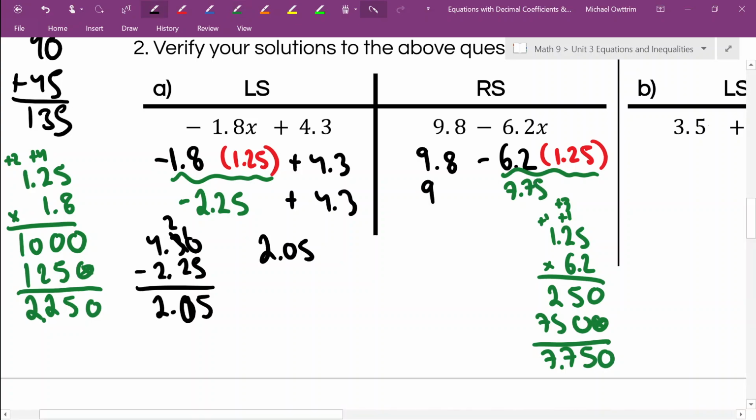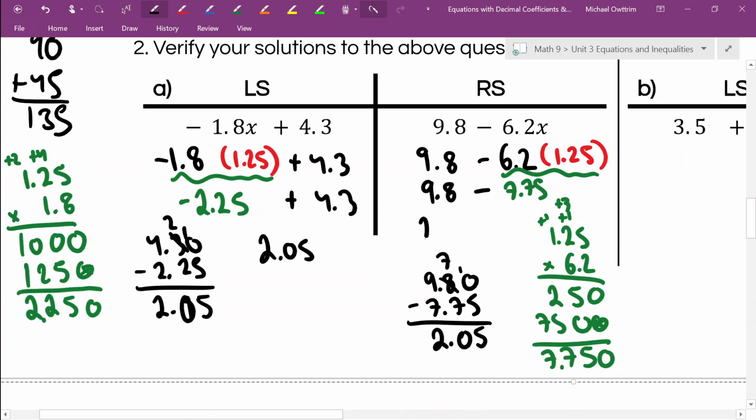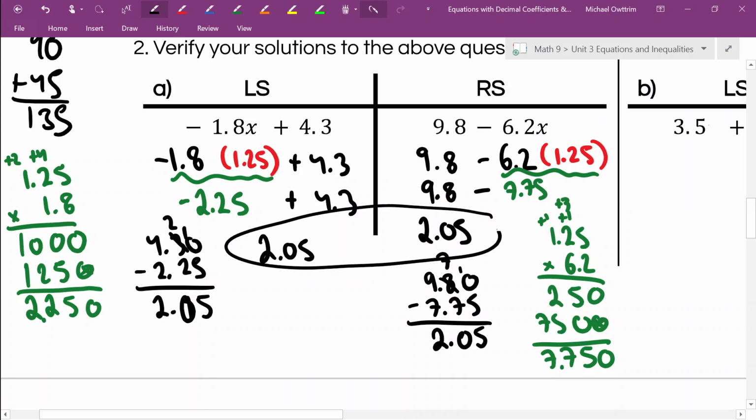So we got 9.8, we need to take away from that 7.75. Again, we'll need to borrow there. And we do, in fact, get the same value of 2.05 on both sides.